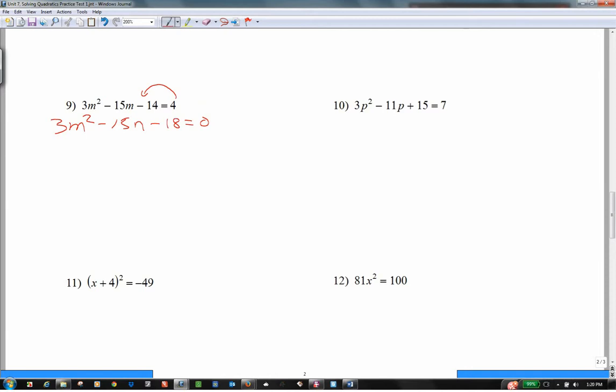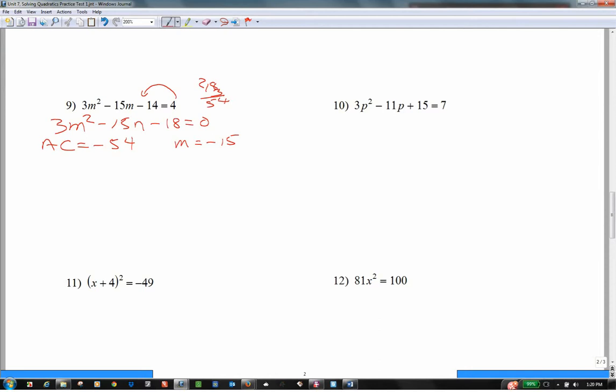So 3 times 18 is 54. So AC is equal to a negative 54. The middle is equal to a negative 15. So I'm looking for two numbers that multiply to a negative 54 and add to a negative 15.